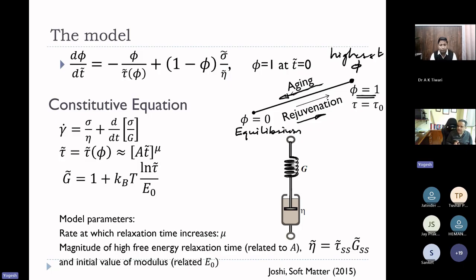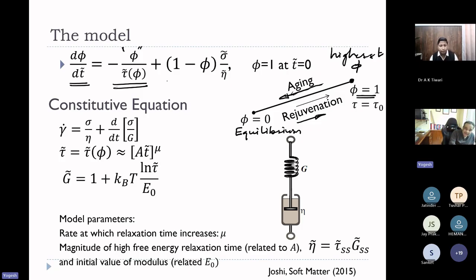We have written a very simple first order equation: the rate of change of free energy is proportional to minus free energy divided by the inherent time scale with which structure builds, because as a function of time free energy decreases.